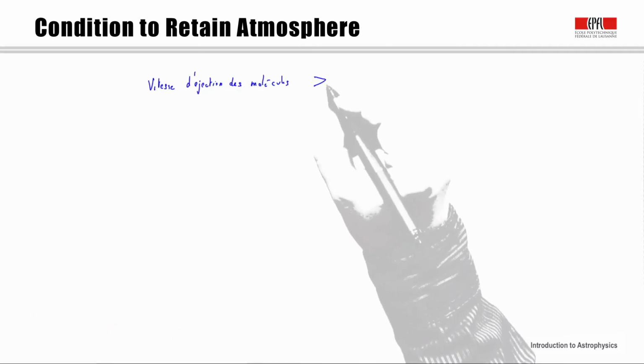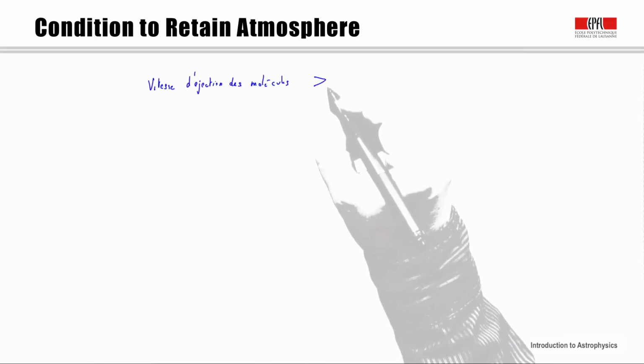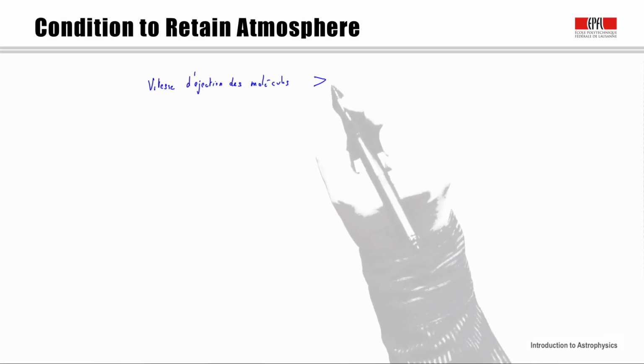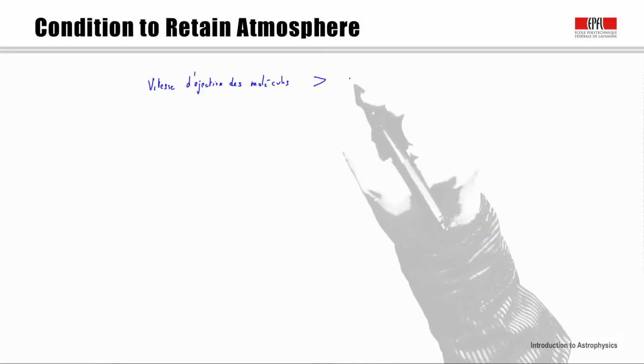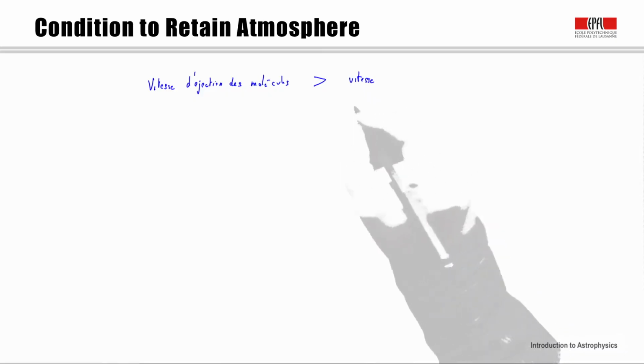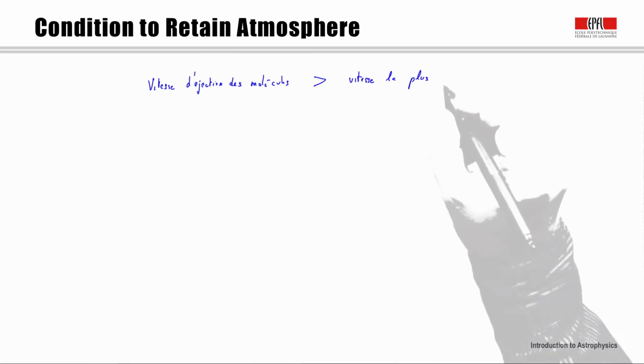If a particle has a very large ejection speed, it can break away from the gravitational attraction of the planet, and as such, the planet does not retain its atmosphere. Therefore, we want to compare the escape velocity of the molecules with the most probable velocity of the molecules in the atmosphere.